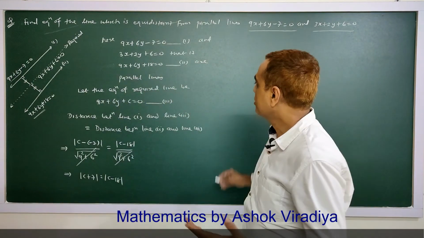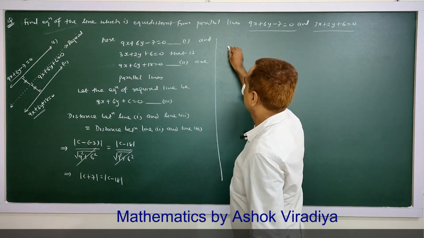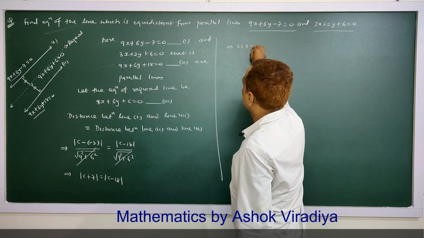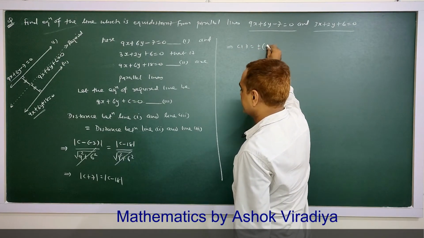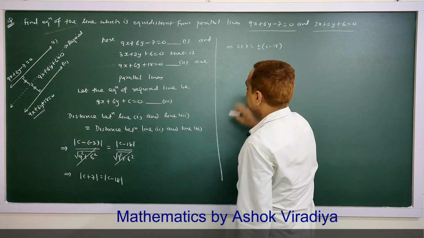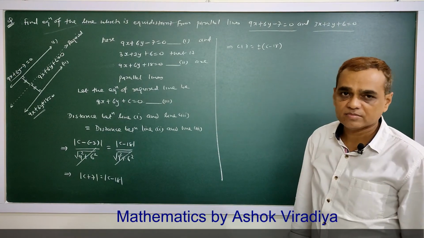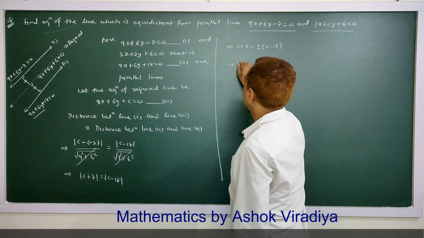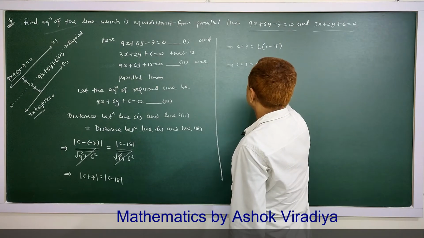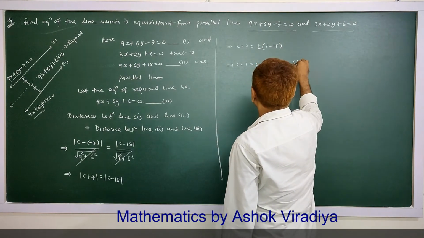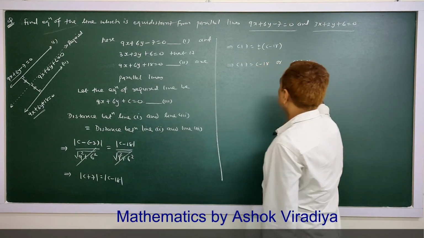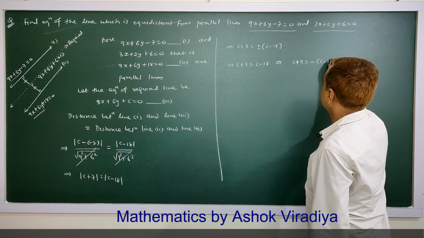Now removing the modulus, c plus 7 equals plus or minus of c minus 18. That is, c plus 7 is c minus 18, or c plus 7 is minus of c minus 18.